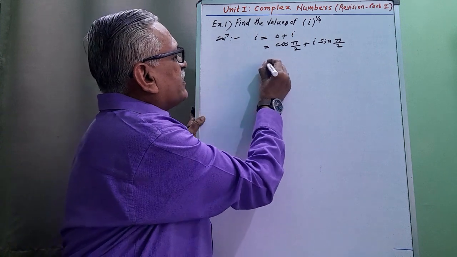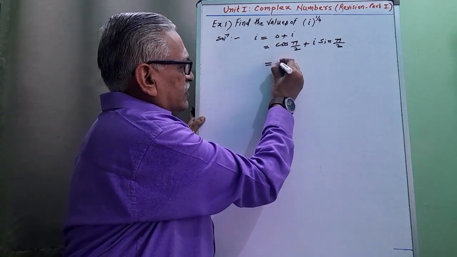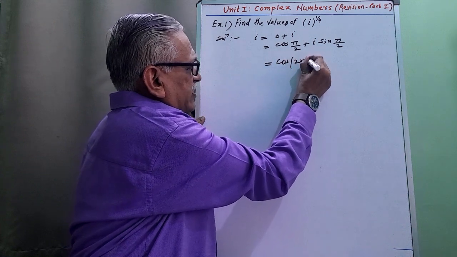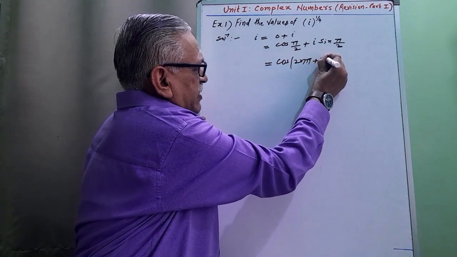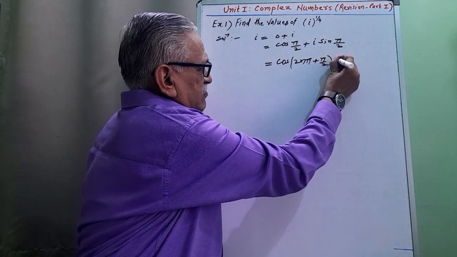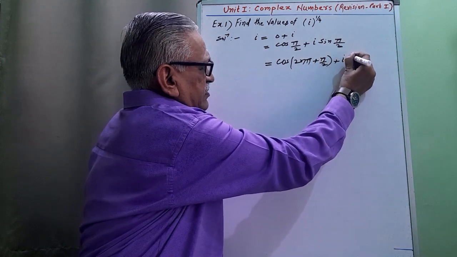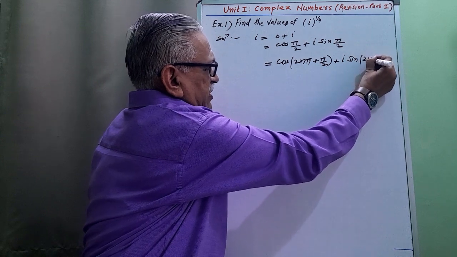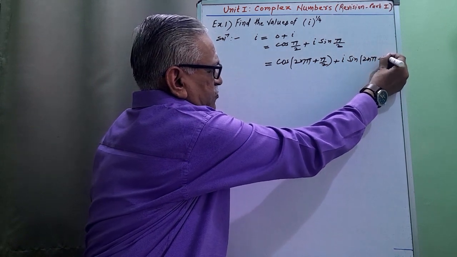And then converting into general polar form, this becomes cos of 2n pi plus pi by 2 plus i times sin of 2n pi plus pi by 2.